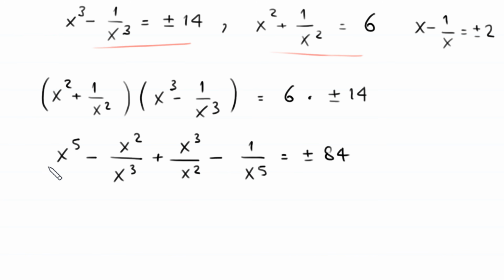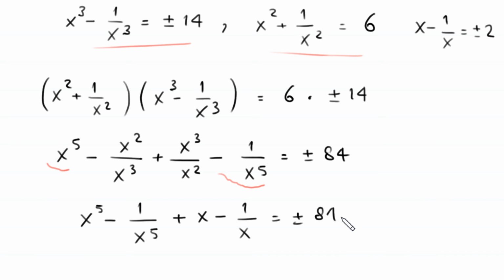Now we combine these two terms, x to the power 5 and negative 1 over x to the power 5: x to the power 5 minus 1 over x to the power 5. This will become plus x minus 1 over x equal to plus minus 84.